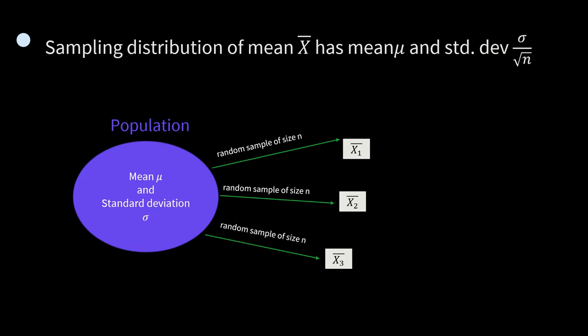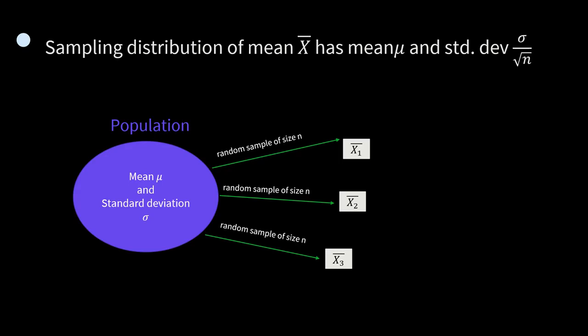Since these samples vary, these x1 bar, x2 bar, x3 bar will be a variable quantity. So that set will again form a distribution, and the set involving x1 bar, x2 bar, x3 bar, etc., which forms a new distribution, is called a sampling distribution of mean x bar.